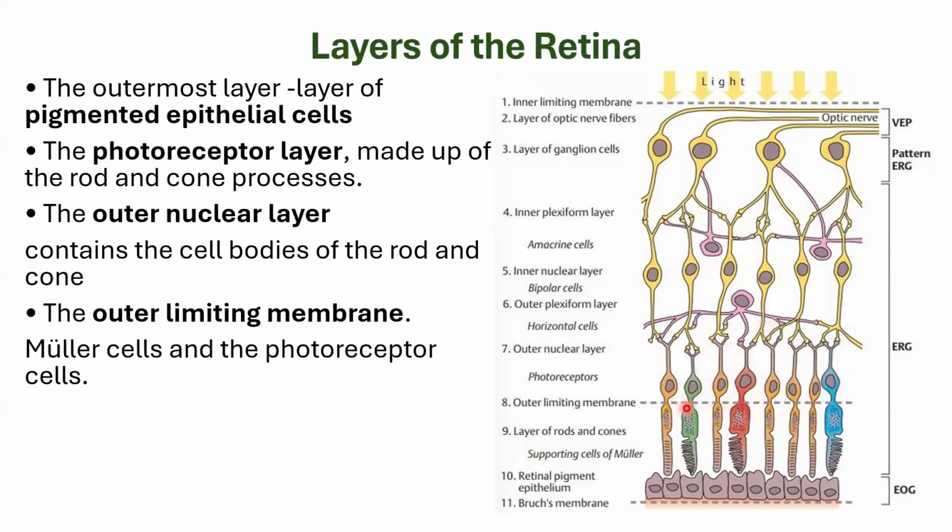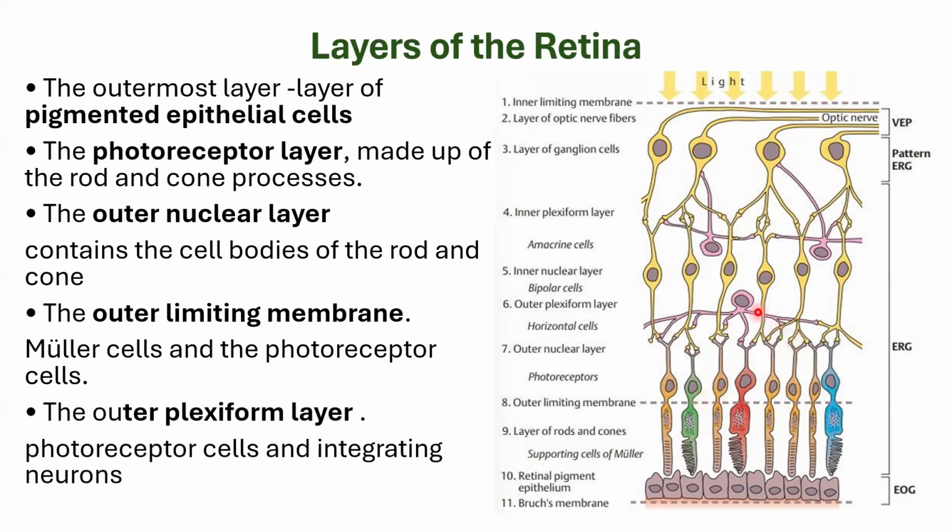Then the outer limiting membrane. This outer limiting membrane separates the bodies of cones and rods from their processes.